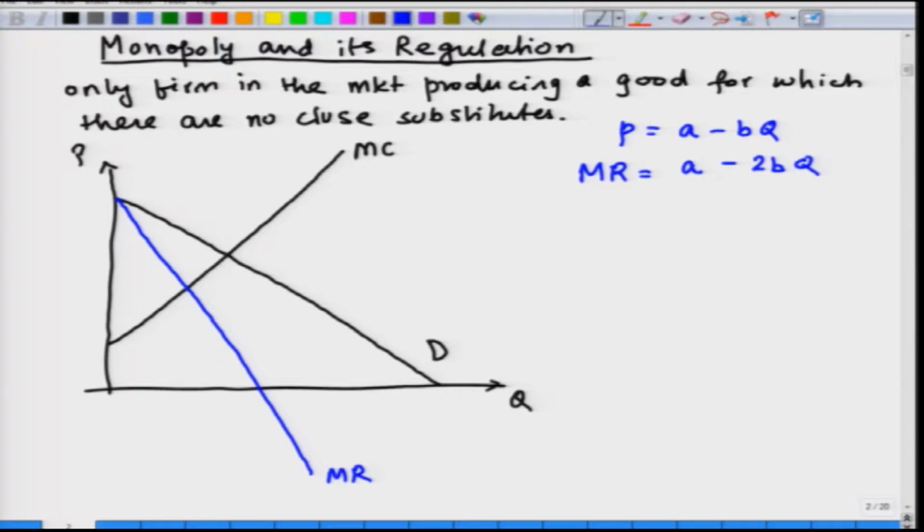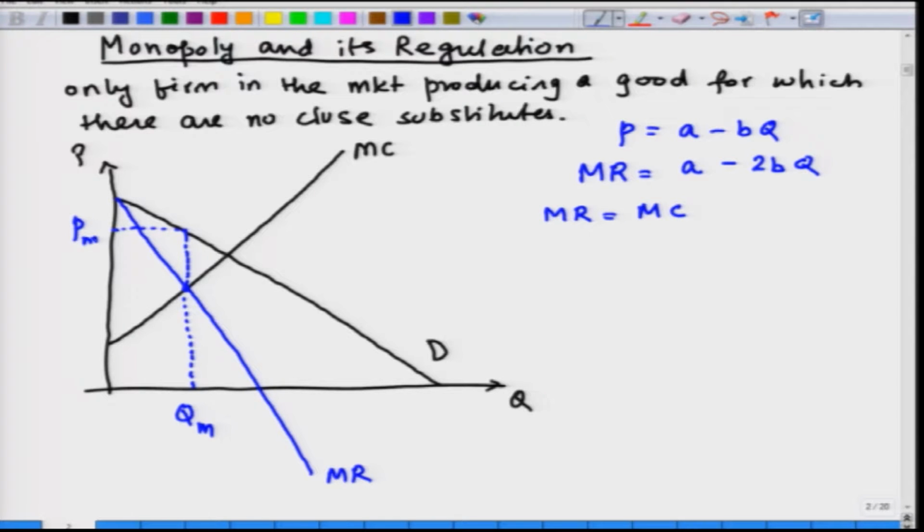Now, the monopolist will choose to produce QM units, where QM is its profit maximizing output level, based on the condition marginal revenue equals marginal cost. So, the monopolist will choose to produce QM units and will charge a price PM, which is given here.